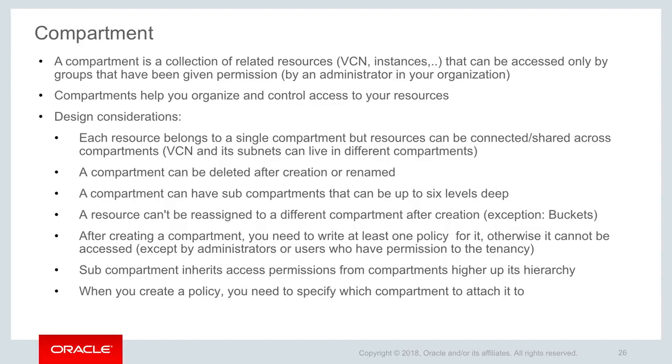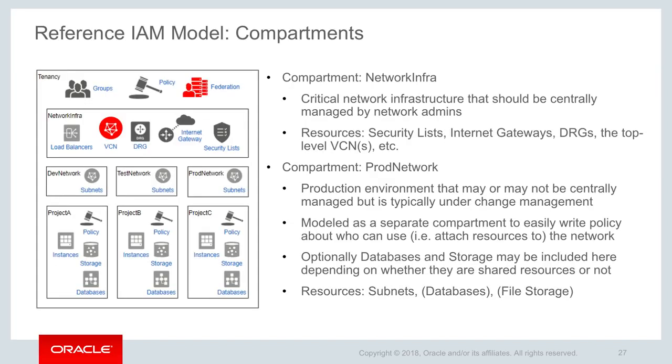We can connect networks, and we can connect compute instances between compartments as well. So when I say isolated, I mean just the way you construct the resources inside the compartment, but they can still talk to each other. What we do is build the compartment to control who can interact with or manage those resources from a security perspective.